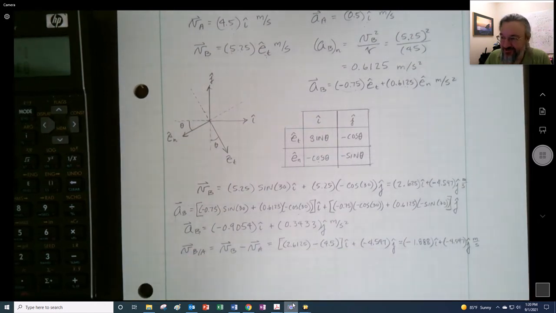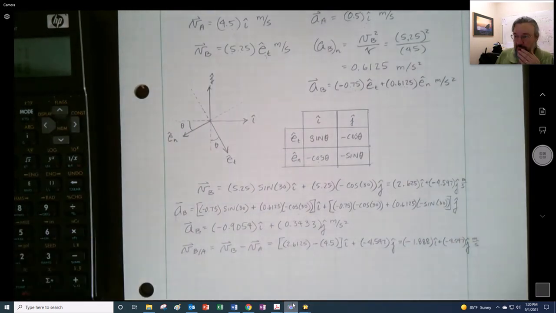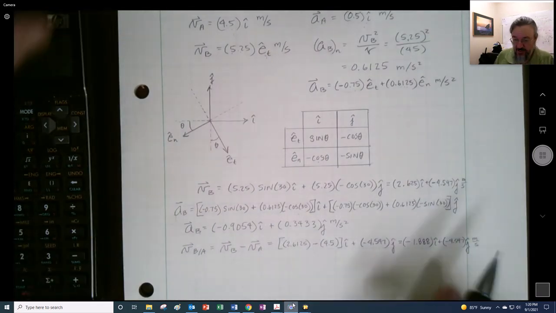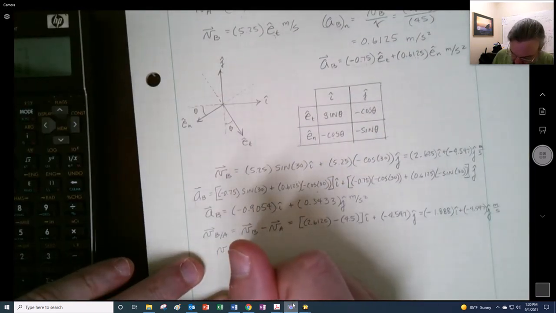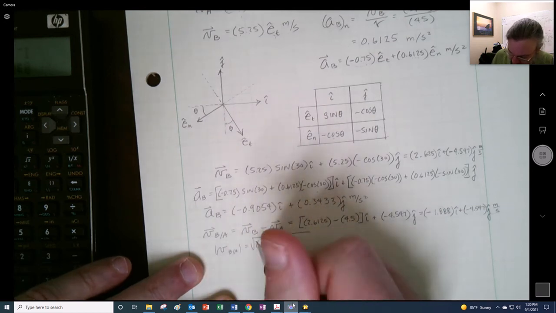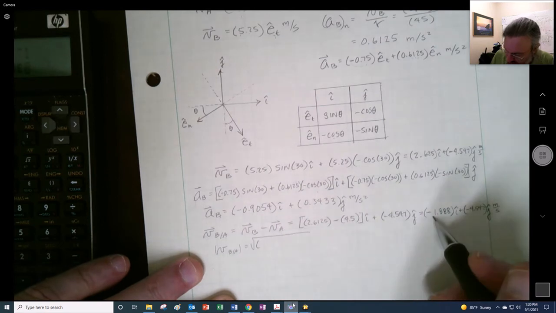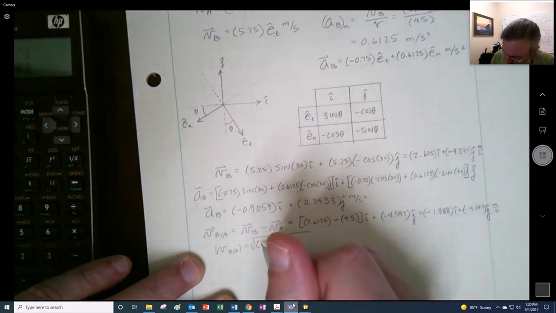It didn't fit. Okay, but a good thing to do in the answer is to find the magnitude. So I'll take the square root of those two. And by the way, it's down in that lower left-hand coordinate quadrant.